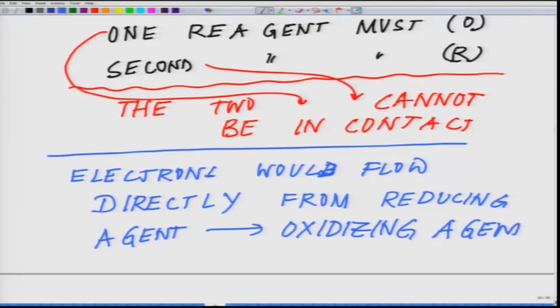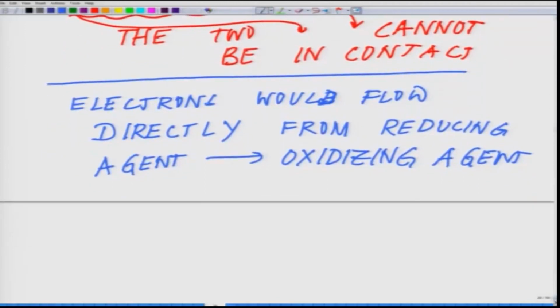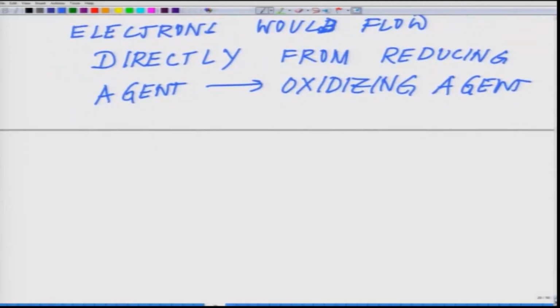So, you have to prevent the physical direct contact, and how do we achieve that? We will take two case studies which will tell you how that is happening. Instead, the oxidizing agent and reducing agent are physically separated from each other, and the electrons are forced to flow through an external circuit.